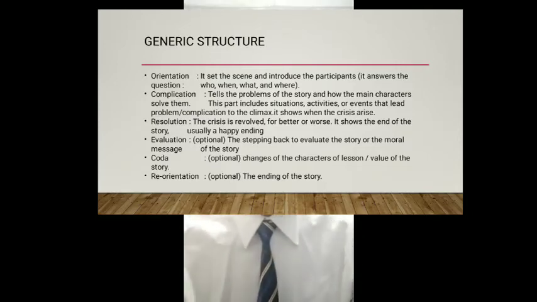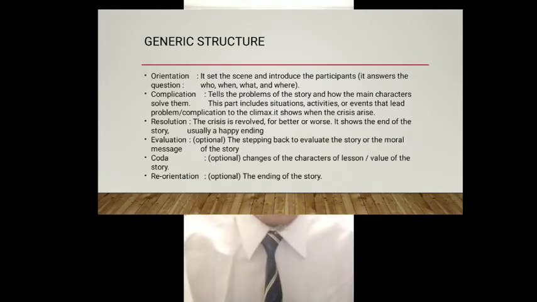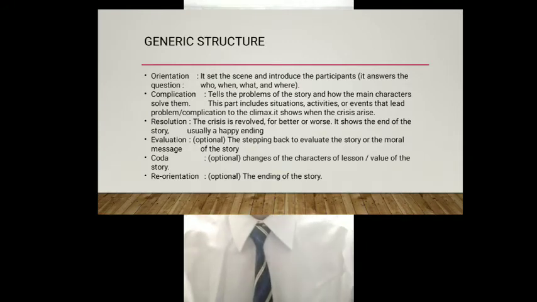Like that. Okay, and then the second structure is complication. This step tells the problem of the story and how the main characters solve them. This part includes situations and then activities, or it can be events led by the main characters. Like that.